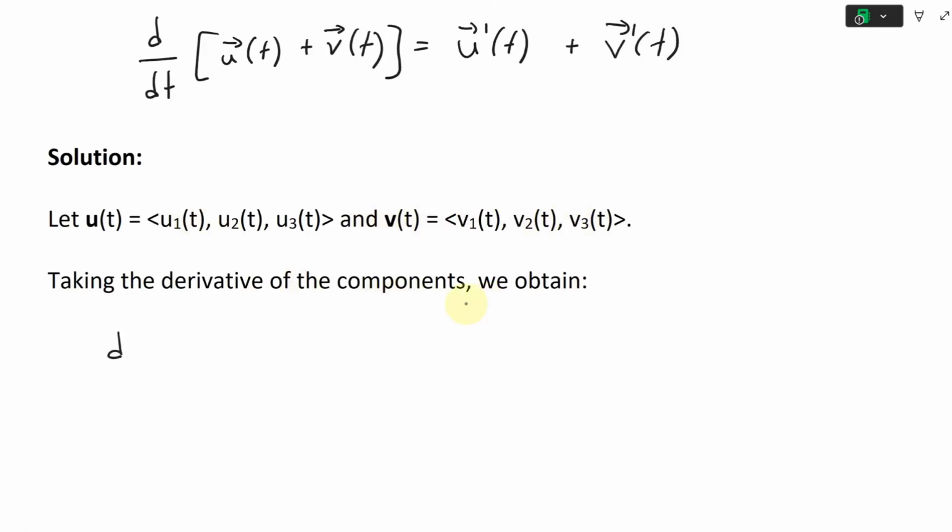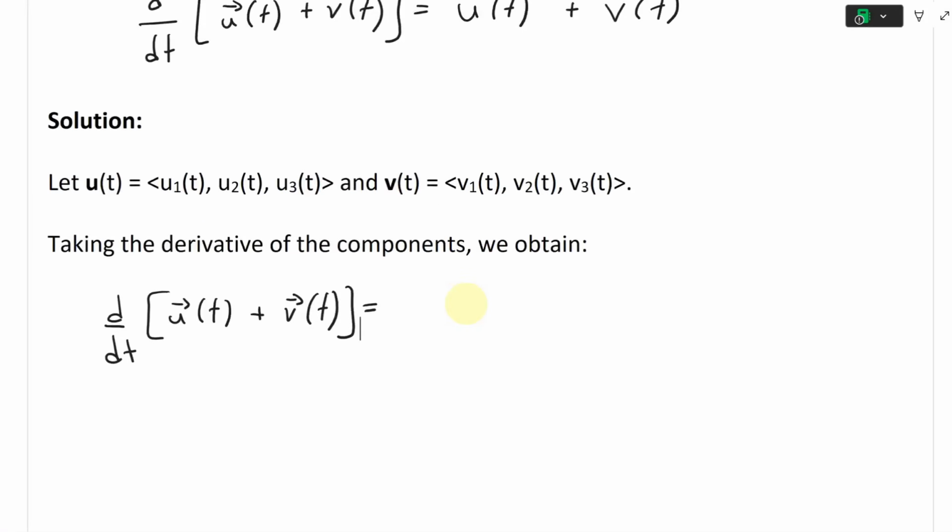So we go d over dt of u of t plus v of t, which equals, well, the same thing as adding the components and putting them as one function.